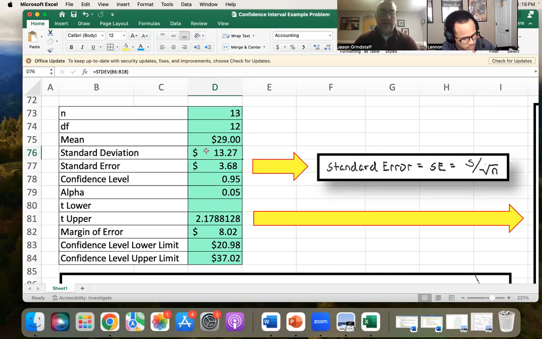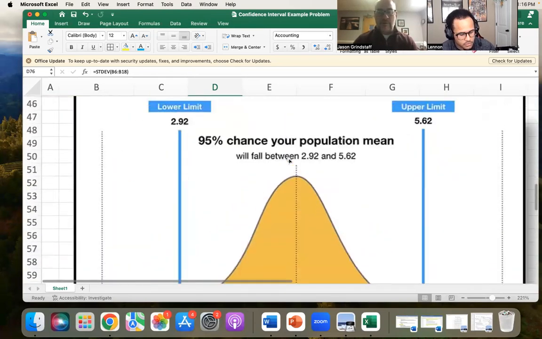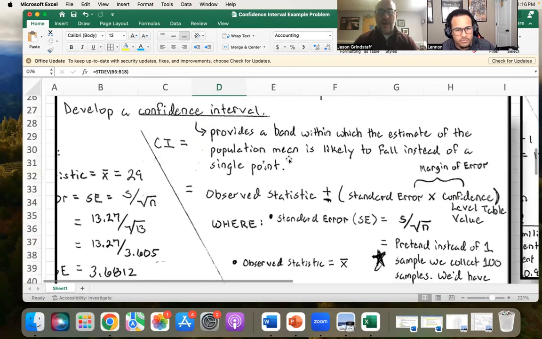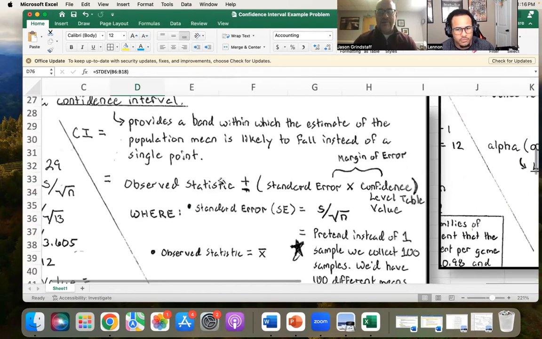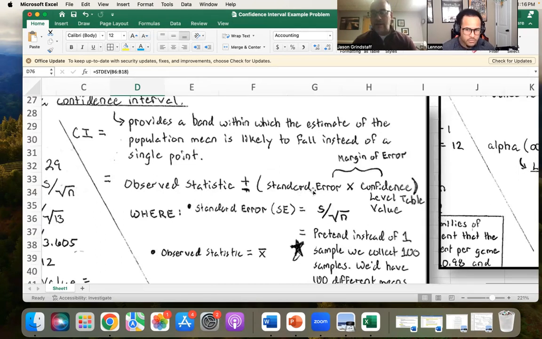Now we're going to start getting into the nitty gritty with the formula. If we go back up here to our formula, we had our observed statistic. The next thing that we need to calculate is our standard error. The standard error was the standard deviation divided by what? Divided by n.